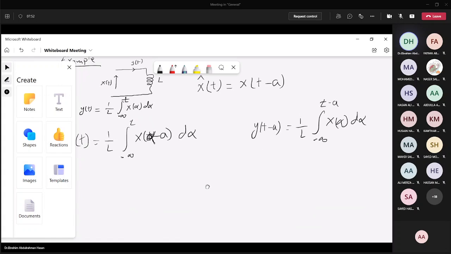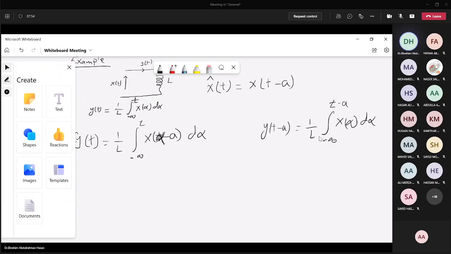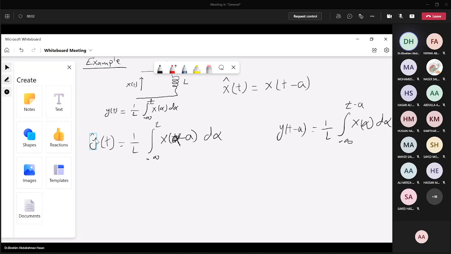Okay, my question now, is this equal to this? إذا الاثنين يساوون، معناته الواي hat is equal to y of t minus a, then it is time invariant.